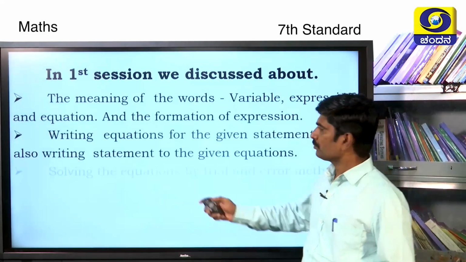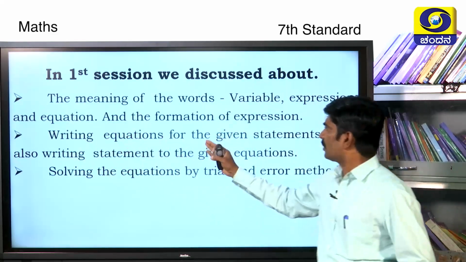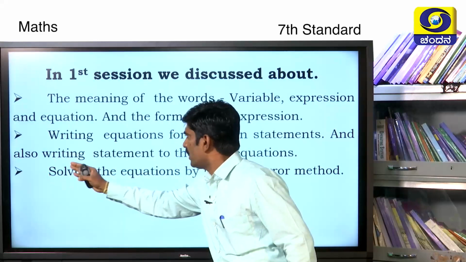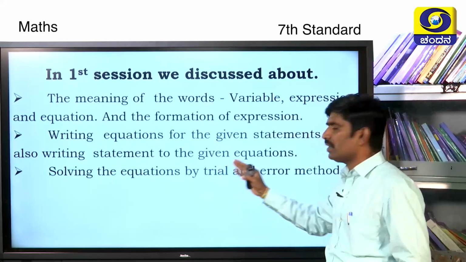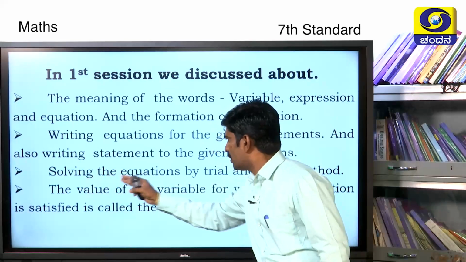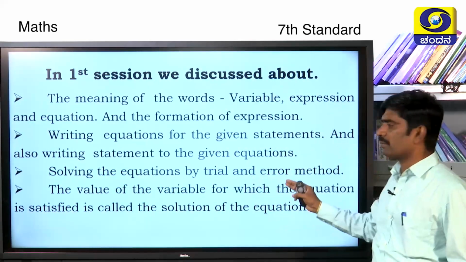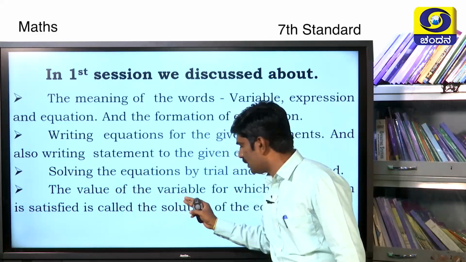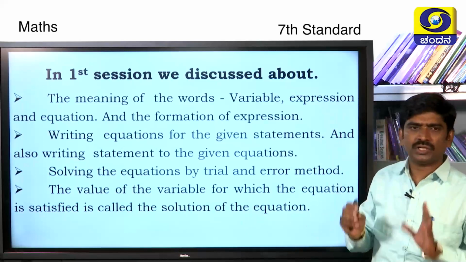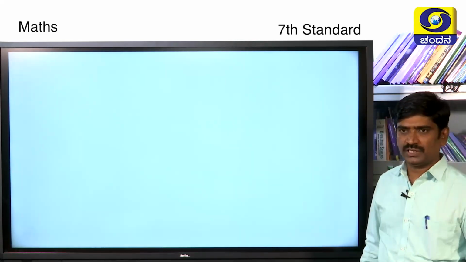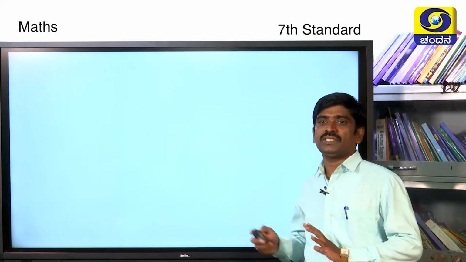Second, writing equations for the given statements and also writing statements for the given equations. Third, solving the equations by trial and error method. Last, the value of the variable for which the equation is satisfied is called the solution of the equation. In the first session, we discussed these points.